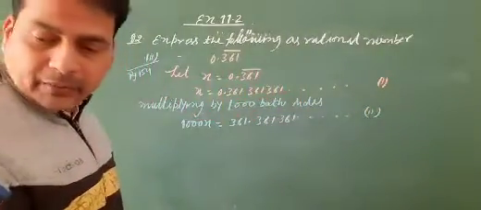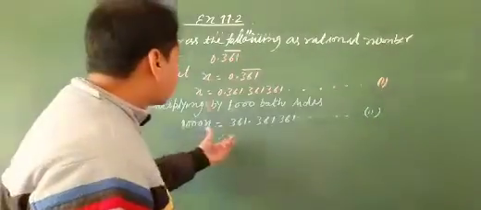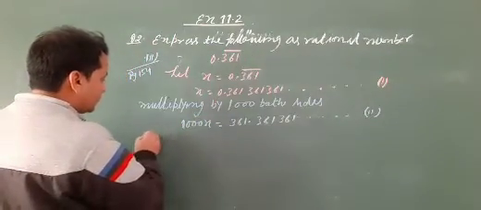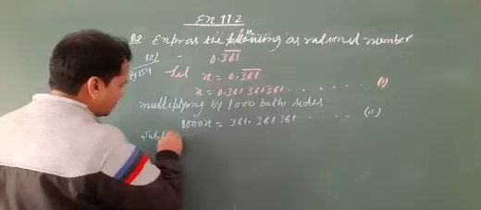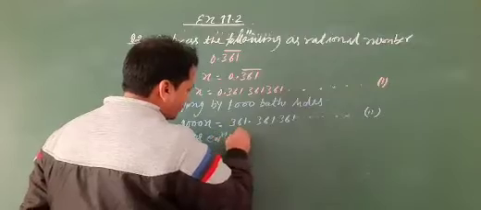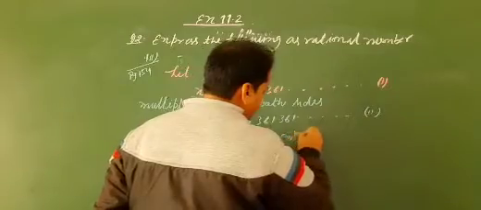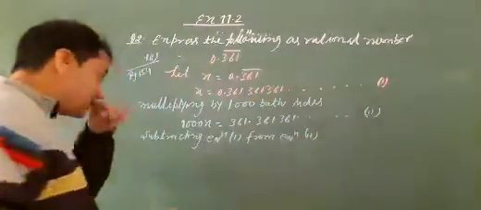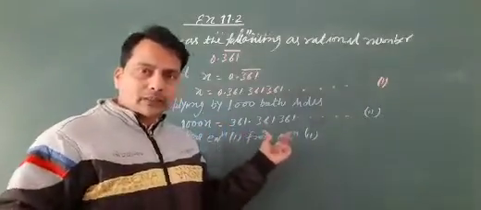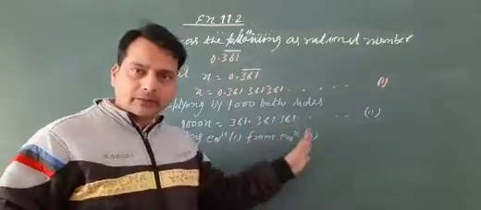So subtracting equation 1 from equation 2. Here the second equation is 1000x equal to 361.361, 3 digits are repeated in this term.